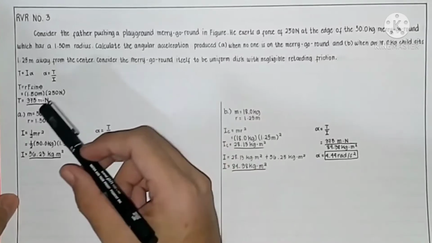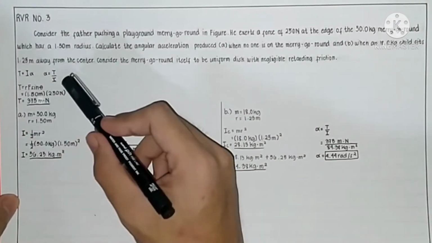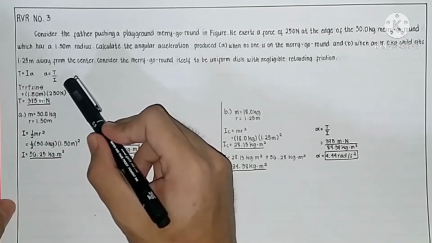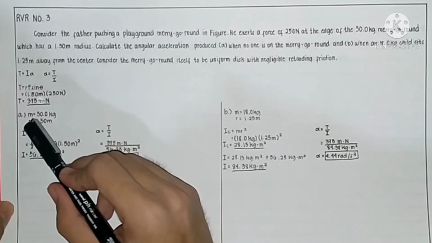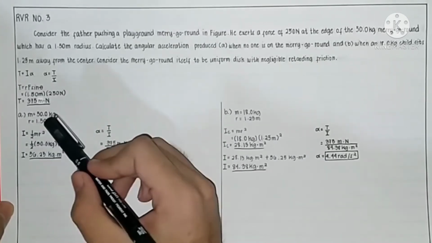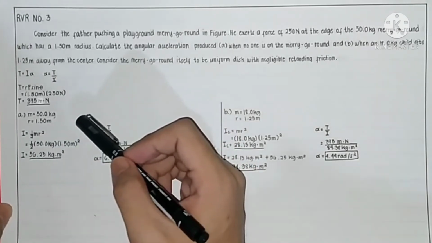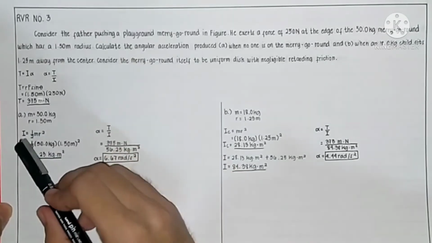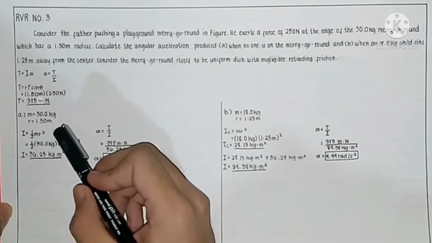So after getting the value of torque, I was also required to get the value of inertia. So for getting the value of inertia, I have the given of mass is equal to 50.0 kilogram and radius is equal to 1.50 meter. So para makuha yung inertia, I use the formula of inertia is equal to 1/2 times mass times radius squared.